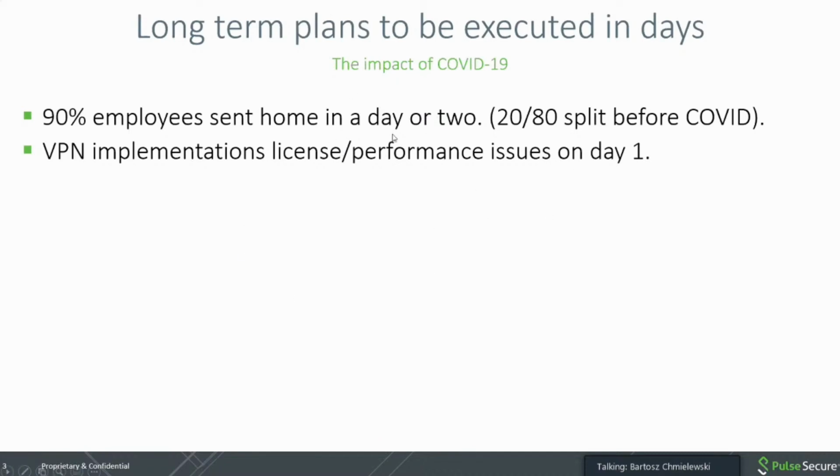The performance issues were more important for us, because as you know, VPN boxes have limited performance. This is similar to network boxes and firewall boxes. They are meant to take some load, but this load increased dramatically in a couple of days. So this was a significant issue.